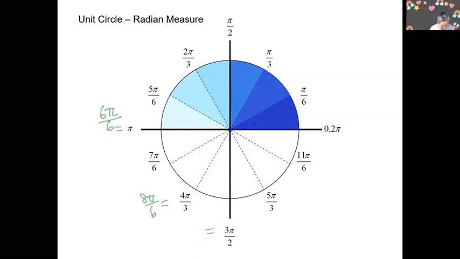Then this is 9 pi over 6, simplified to be 3 pi over 2. And we already saw this was the 270 position, and we had 3 pi over 2 in another way in previous slides as well. Then we can go further with 5 pi over 3, which was 10 pi over 6. This is 11 pi over 6. And then this is 12 pi over 6 again, and it's reduced to be 2 pi.